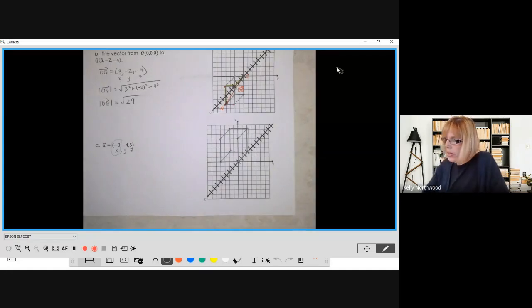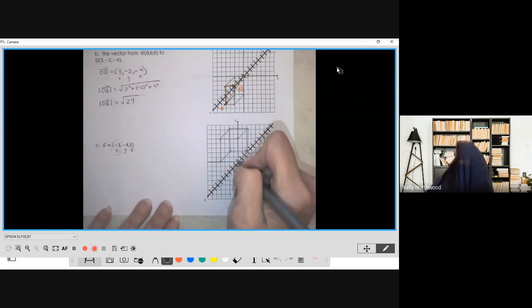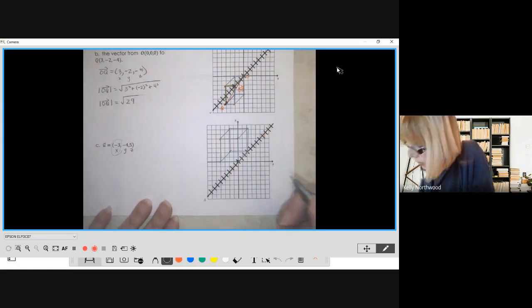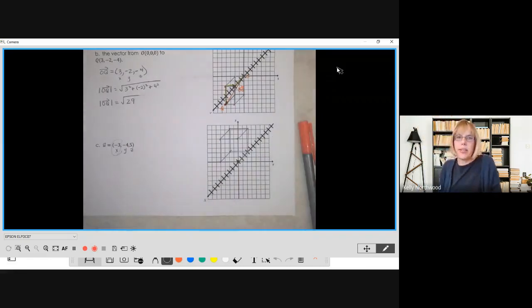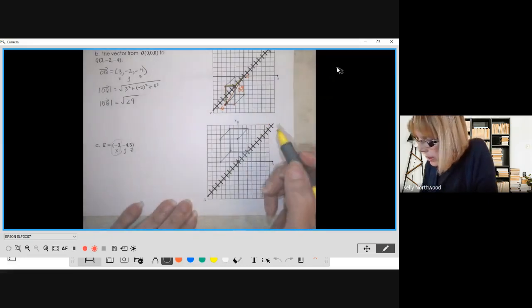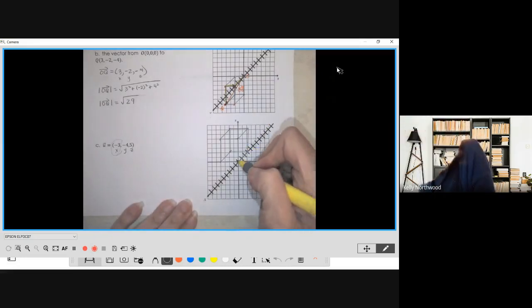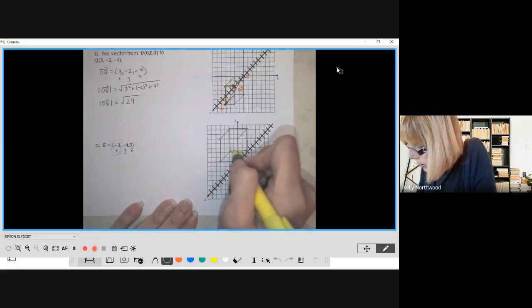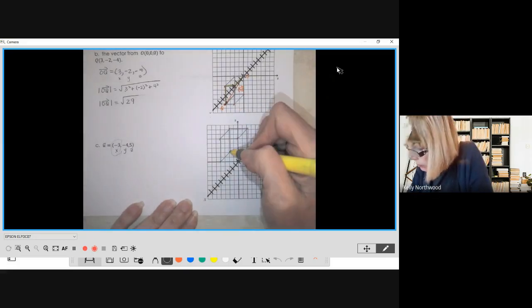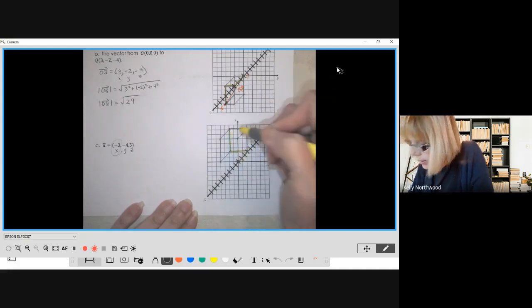Okay, and we know that our vector is going to start at 0, 0, 0, the origin. So be careful that you're finding the starting point where the 3 axes intersect. It can get confusing. And then you know that the end point is going to be once you've gone -3 in the x direction, followed by -4 in the y direction, followed by 5 in the z direction.